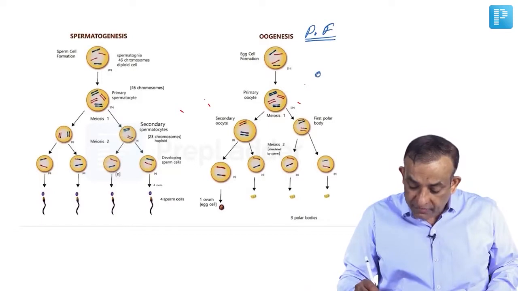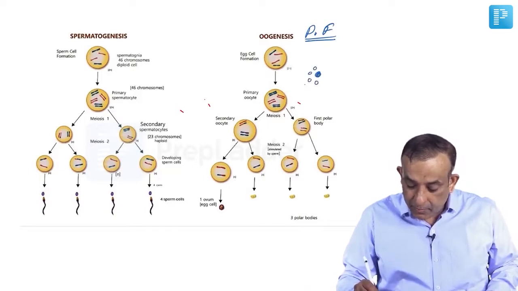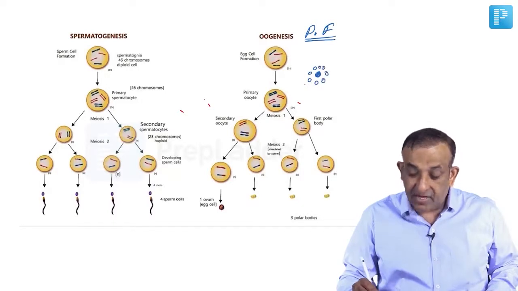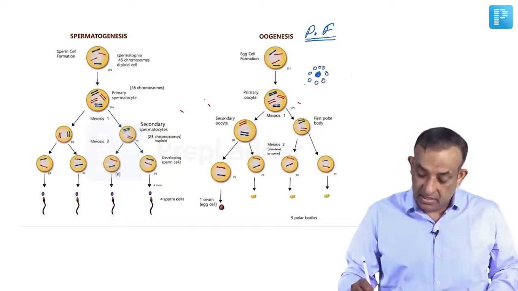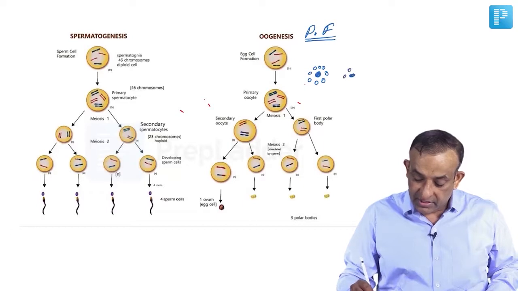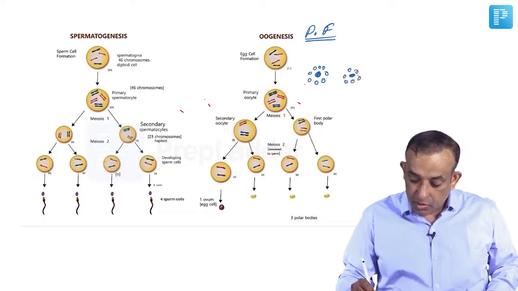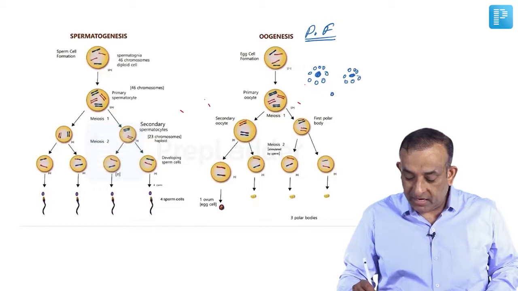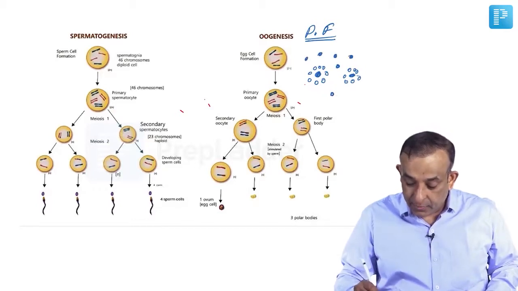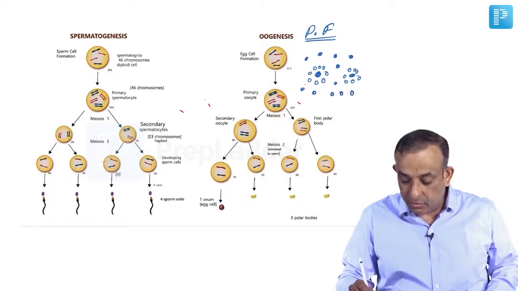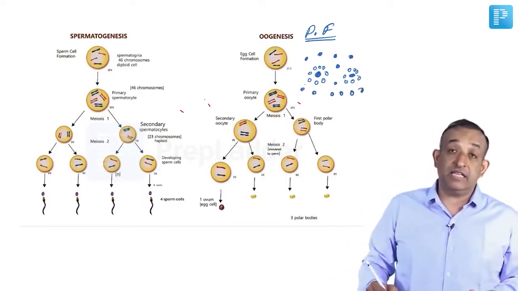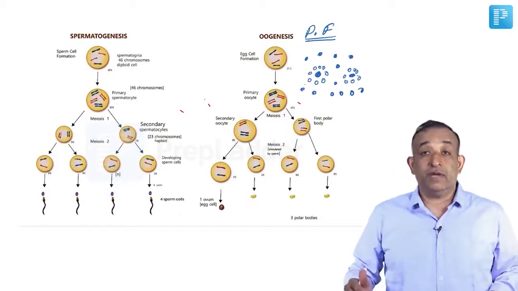So most of these oocytes degenerate, but some oocytes get a protective cover by granulosa cells. See this oocyte, granulosa cells. So those oocytes which have a granulosa cell covering, they get protected. The other oocytes which don't have this granulosa cell covering, they get destroyed by atresia.